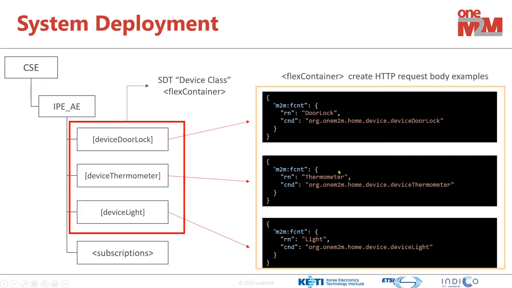But if we go back to the devices, like the door lock, thermometer, and light, there are no other custom attributes like that. And this is what has been defined in TS23 regarding flex container resource mapping. So as a summary, we will create three flex containers which represent the devices individually.